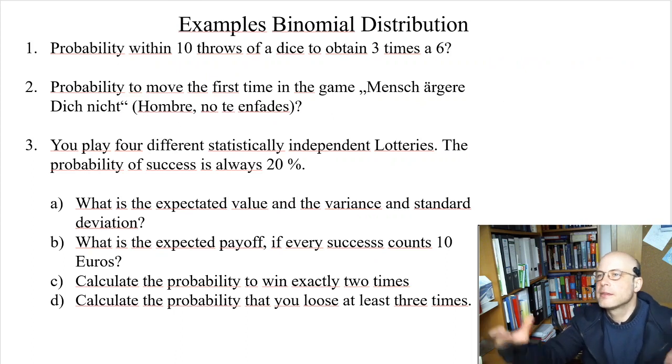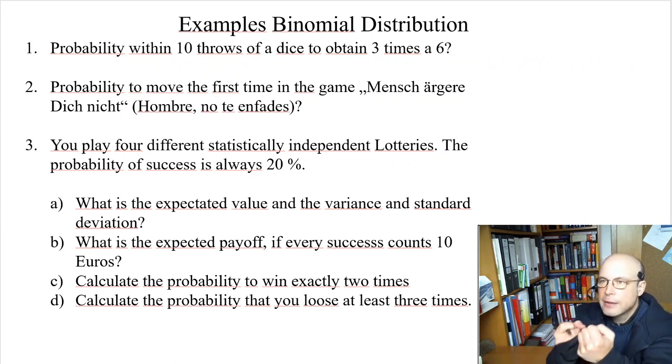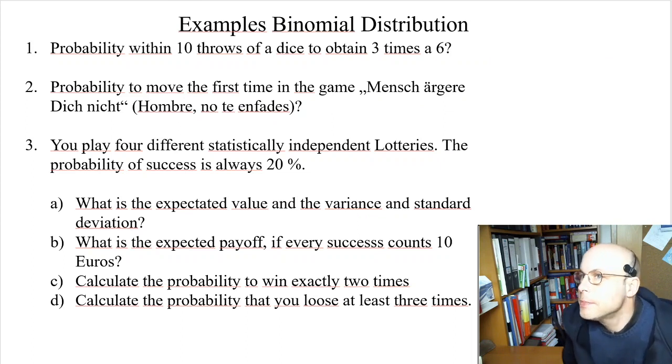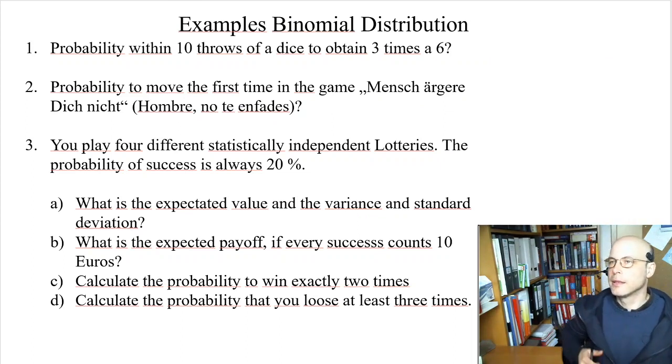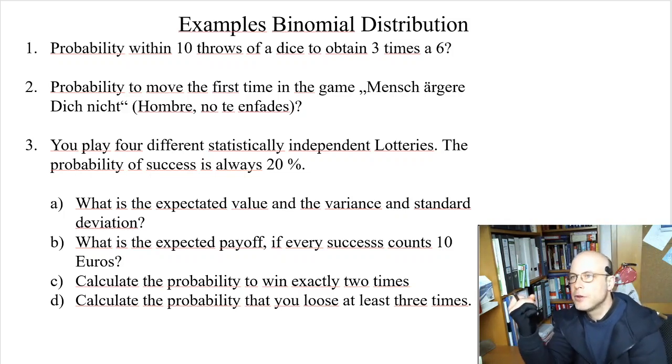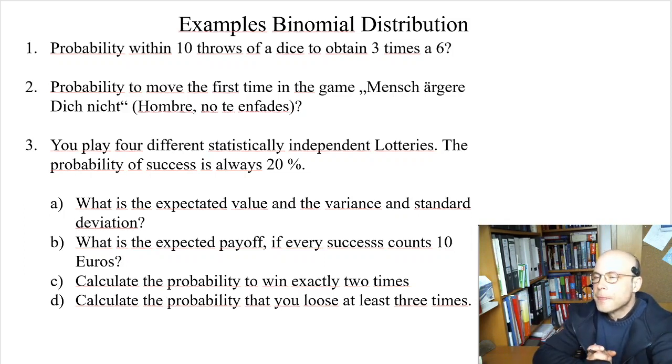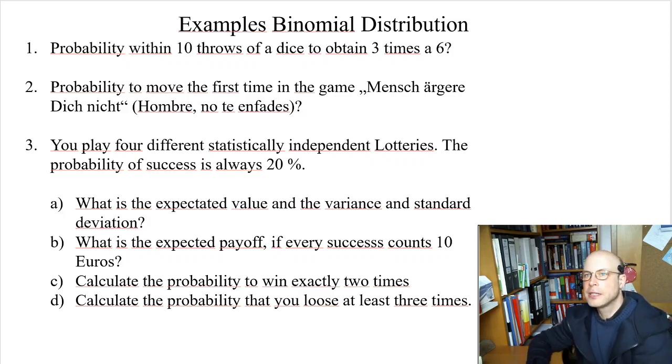And if we take this together, then we can really ask for some simple experiments when we take such binomial distributions, and in this case we can then calculate the probabilities. So we will do some simple questions as examples.